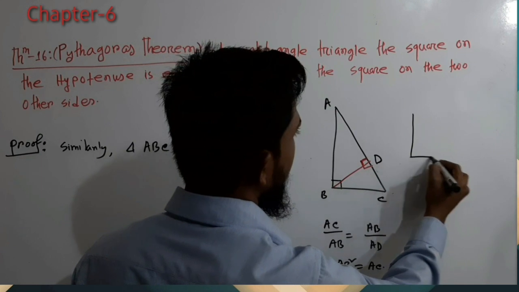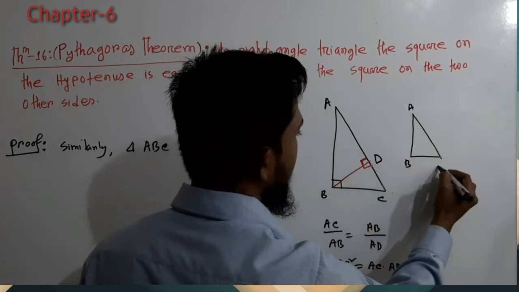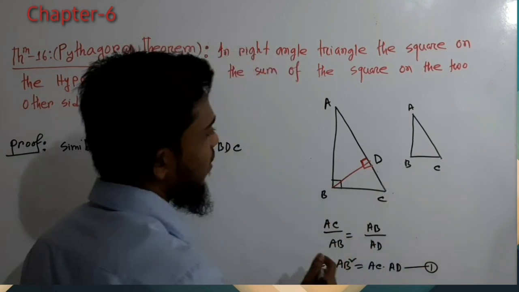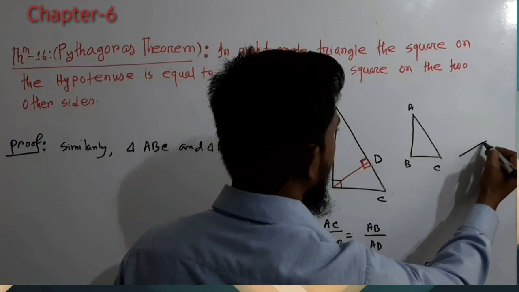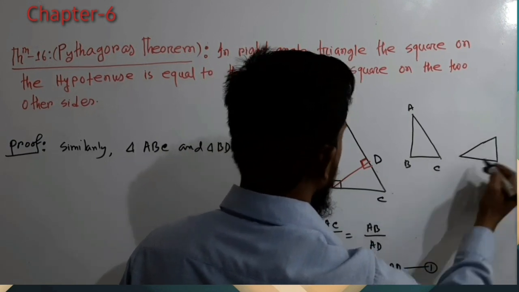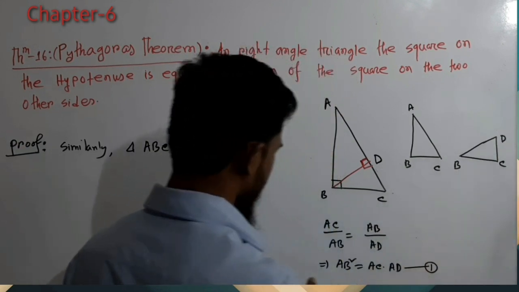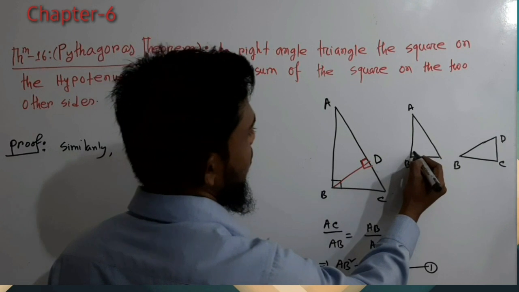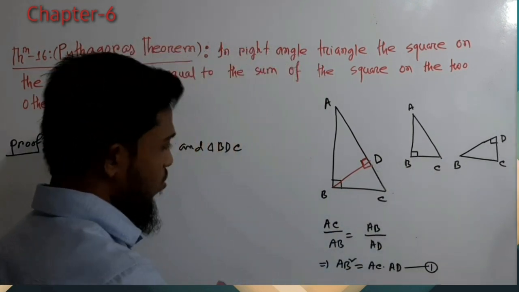Here B is a right angle and D is a right angle.